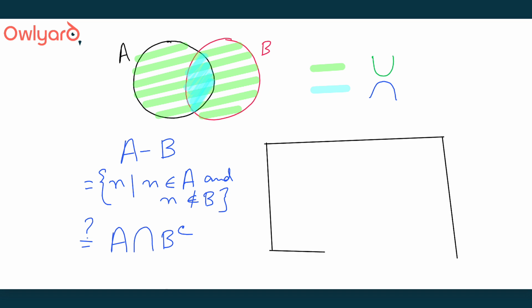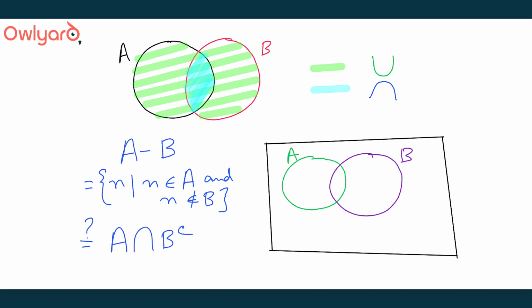So let's say this is our universal set U, and just like the previous description, this is my A and this is my B. Now A minus B, the way I'm representing it in the set builder notation, should correspond to this segment, this region, right?